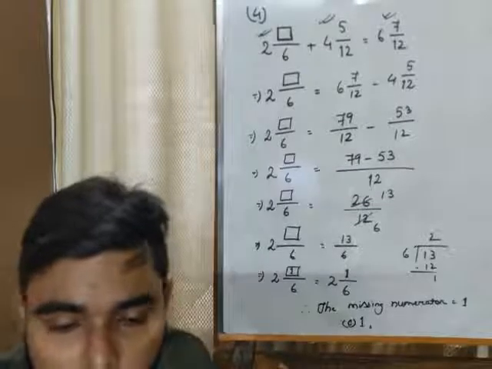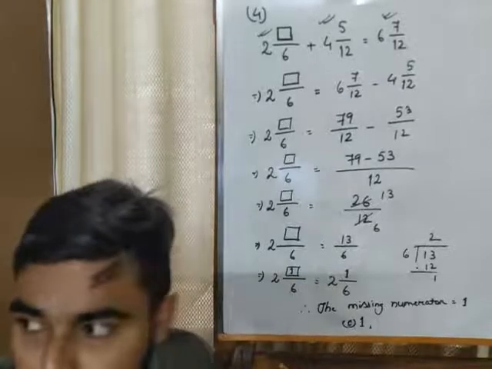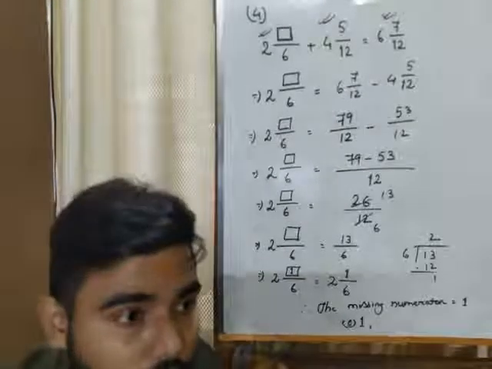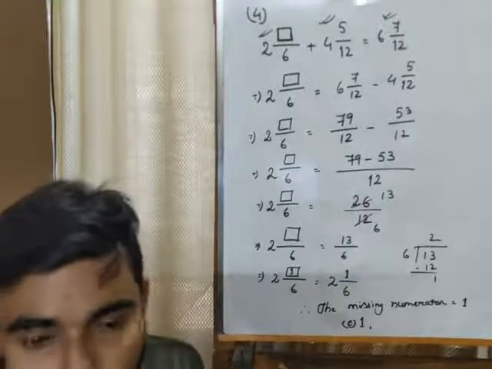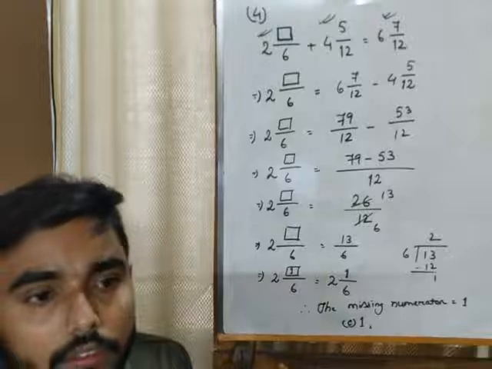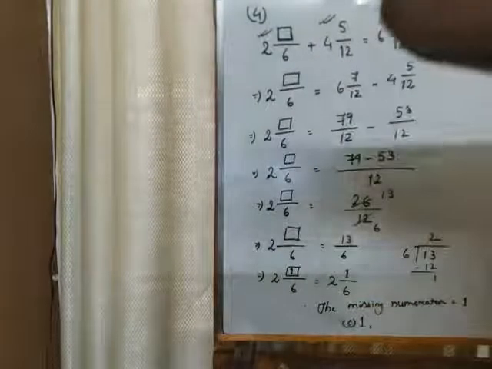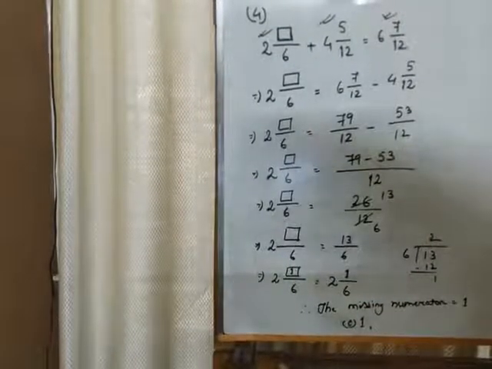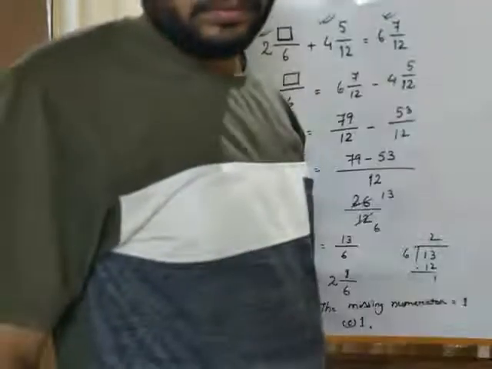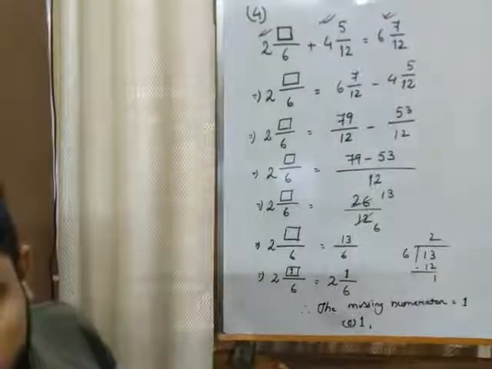Clear, everyone? So what we need to do, from the 45 hours, from the total hours, that is 45 hours, the number of hours he has worked should be subtracted. Okay, so let's do it. I think the question is clear to all of you.